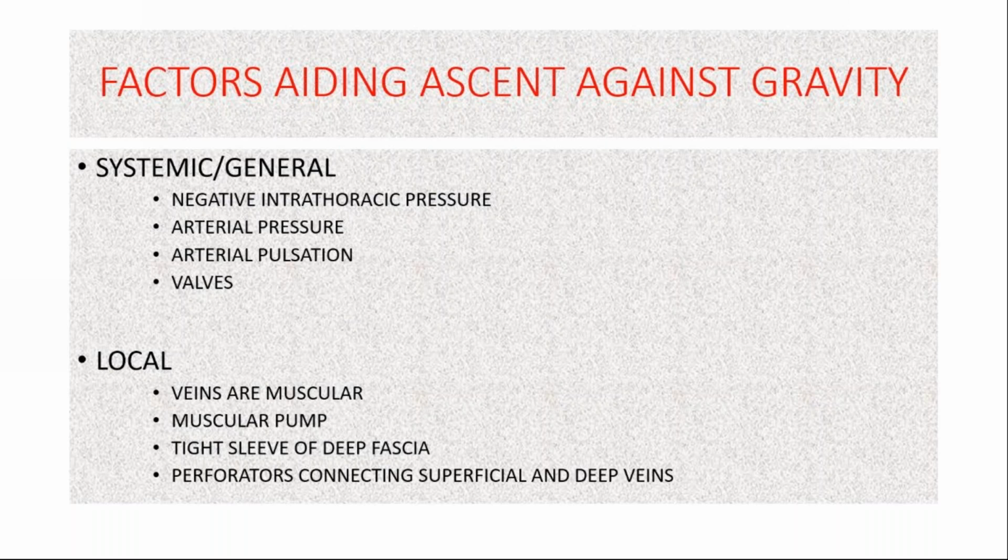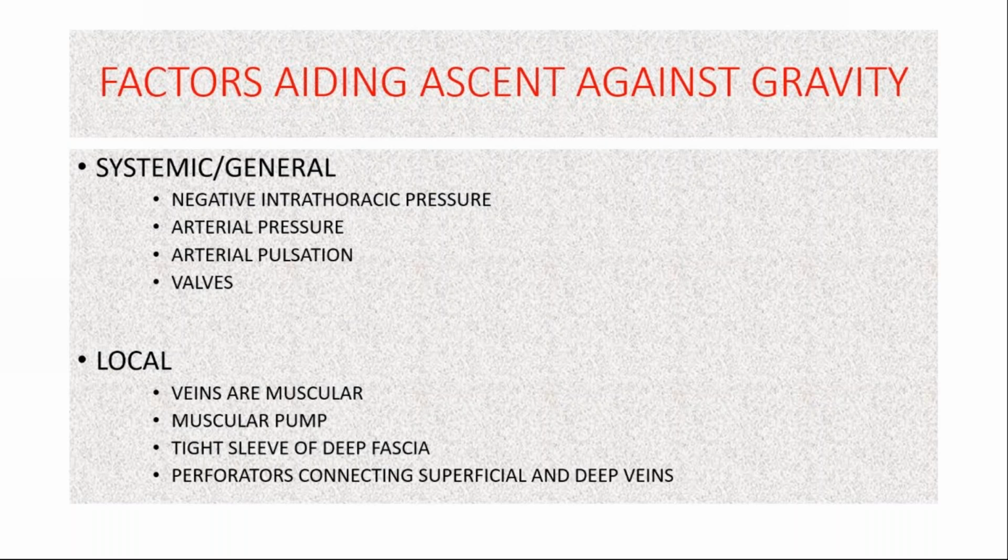So the pulse pressure is an important factor by which the blood is pumped against gravity, all around the whole body, from head and neck, from upper limb, from abdomen, from lower limb. The arterial pressure causes upward ascent of blood in the lower limb.